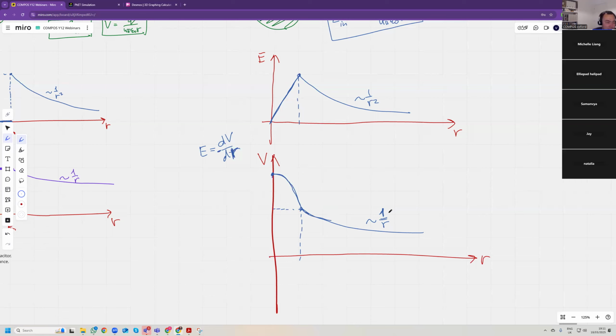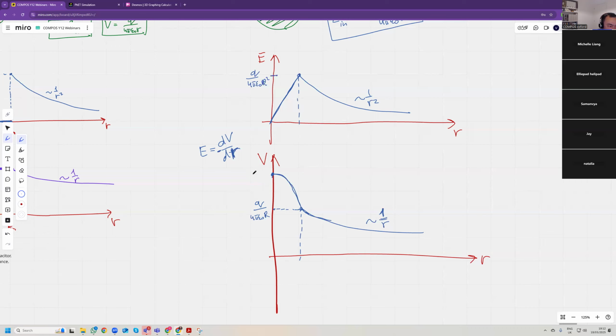KQ over R. This is Q over 4 pi epsilon naught R. And this is actually 1.5 times the potential at the sphere.